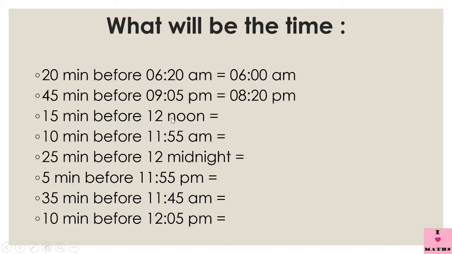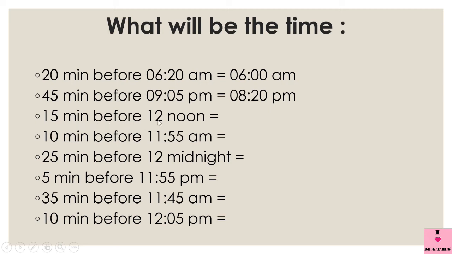15 minutes before 12 noon. Now before 12 noon, we write AM with the time. So we are going backwards. If now it is 12 noon, then earlier than that will be 11 hours something.